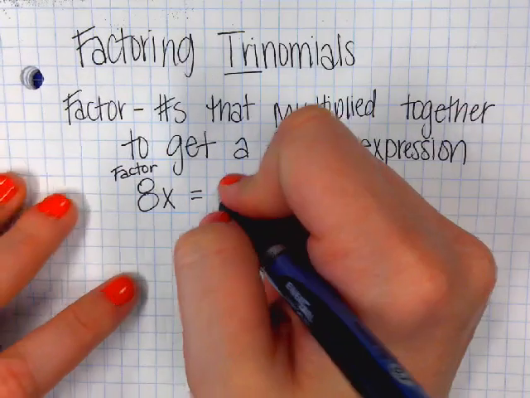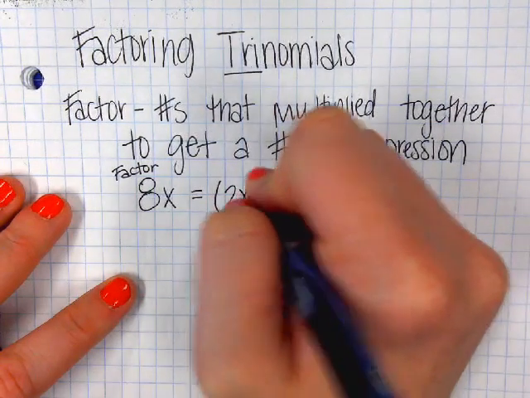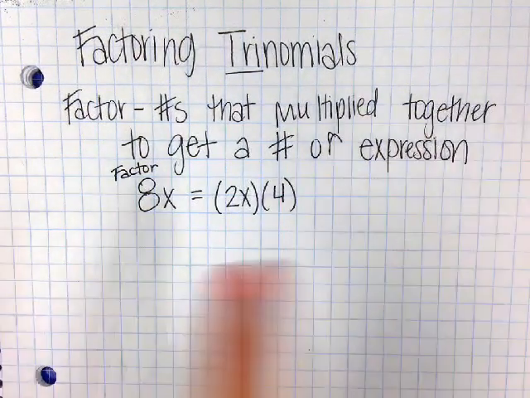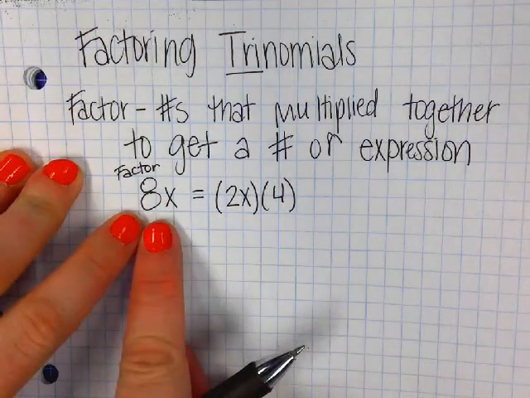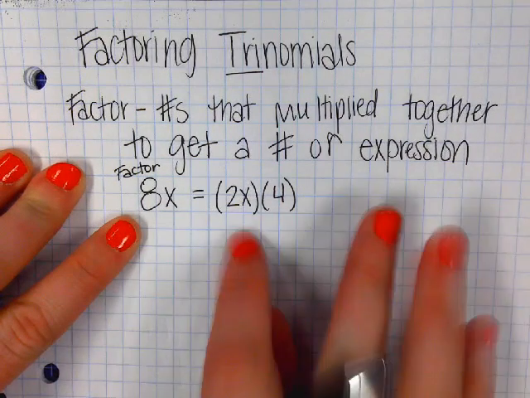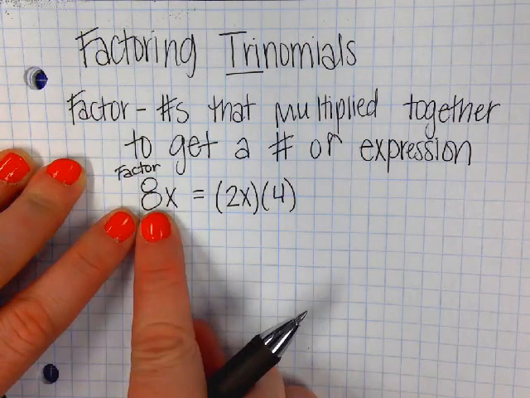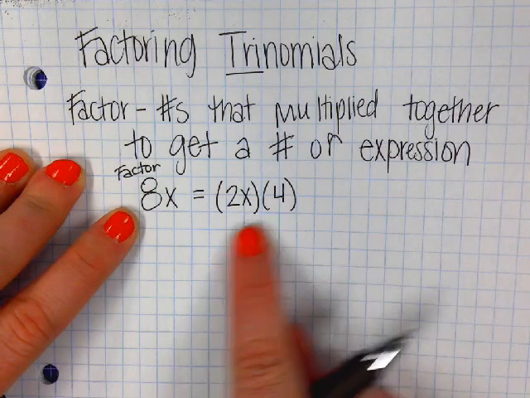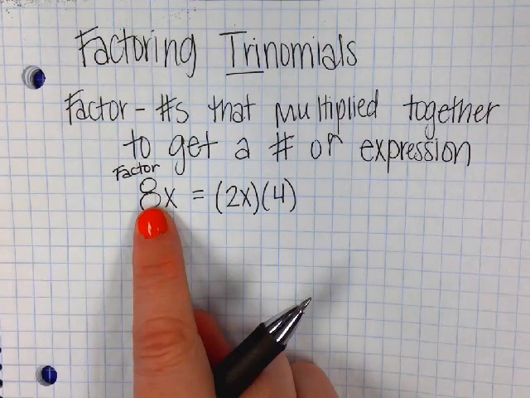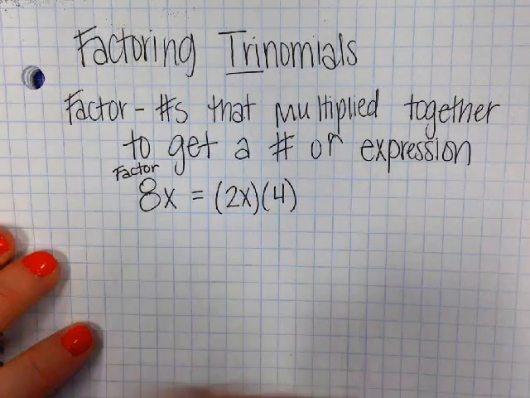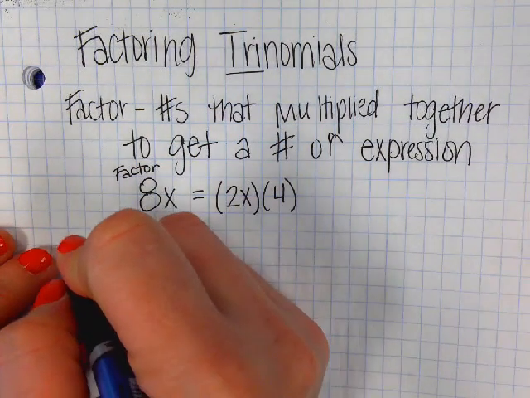So 2x times 4 could give you an 8. So it's working backwards. It's the opposite of multiplying polynomials. It's giving you a piece of information and saying what multiplied to get that information. Everybody see that?